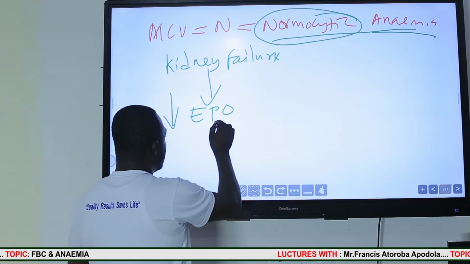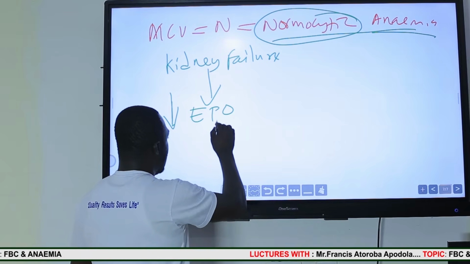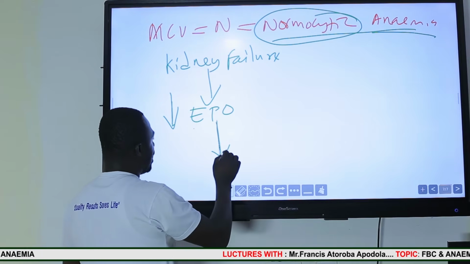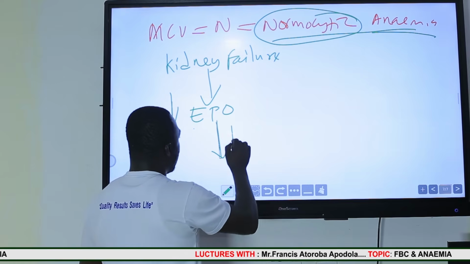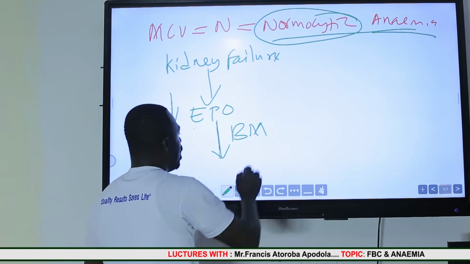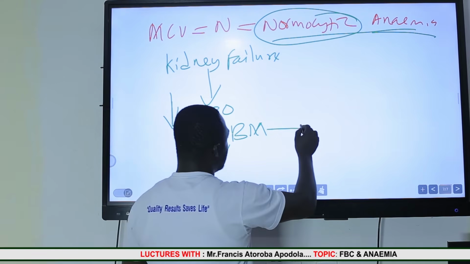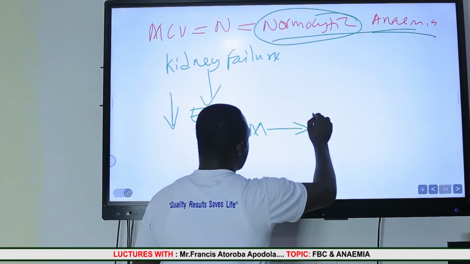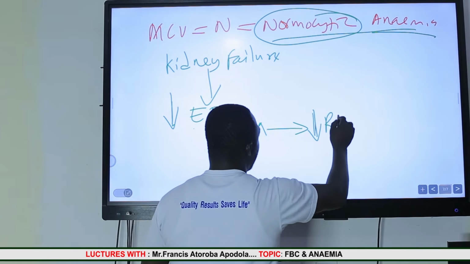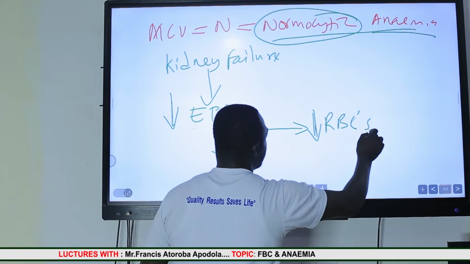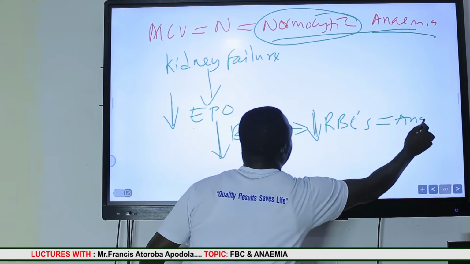And that will also mean that there is going to be a decreased stimulation of what? The bone marrow. And a decreased stimulation of the bone marrow means that there is going to be a decreased production of what? RBCs. And that equals what? Anemia.